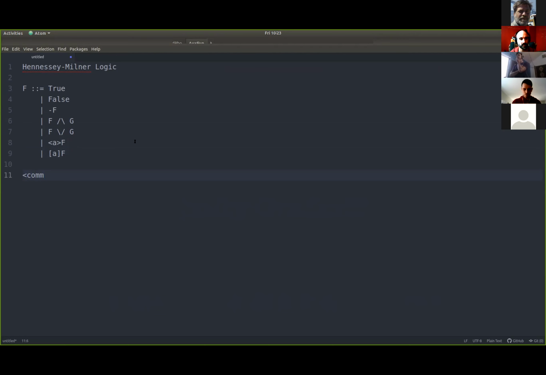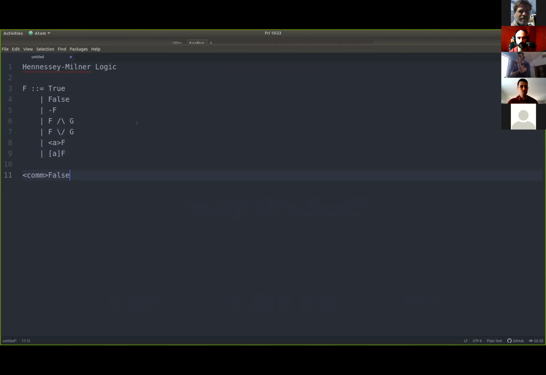Yeah, so we can write down a rule like diamond COMM false, and then ask ourselves what state could possibly satisfy this. And false means no state satisfies this formula.